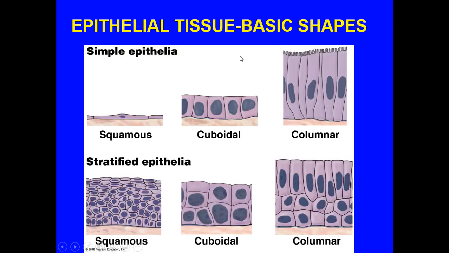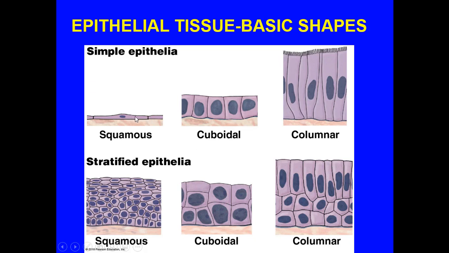Now, there's different types of epithelial tissue. There is simple epithelia. To help you to discern between simple epithelia and stratified, think of the term simple, basically one cell layer thick. Stratified comes from strata, meaning layers. So with squamous, you'll notice that there's sort of a central nucleus, but it's sort of flattened.